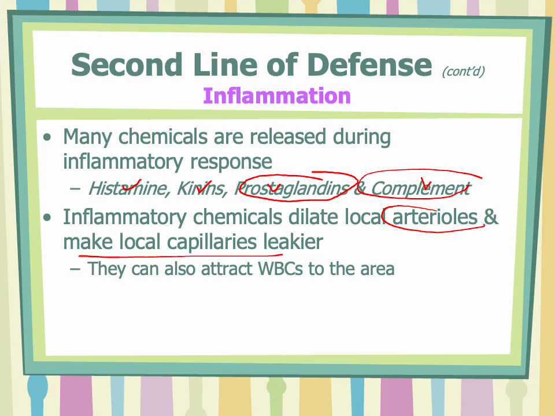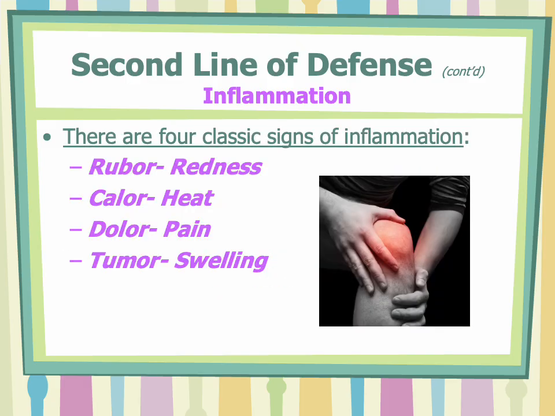So if these things are leakier, what's going to happen? Swelling, right? Because the fluid that is in the capillaries is going to go to the tissues, okay? This also attracts white blood cells to the area and there's an immune response. So what are the classic signs of inflammation? We have redness, heat, pain, and swelling. Rubor, calor, dolor, tumor, all right?